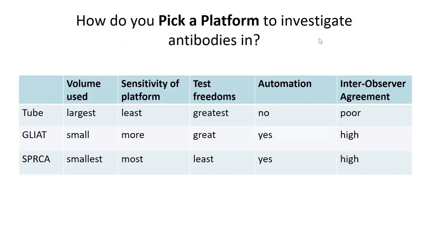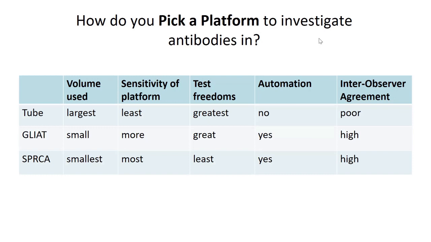How do we pick platforms to investigate antibodies within? Well, these are choices made by labs, and sometimes within labs if they have multiple platforms available, depending on what the circumstances are. Tube testing uses the most of your patient's sample, and the solid phase microtiter plate the least.